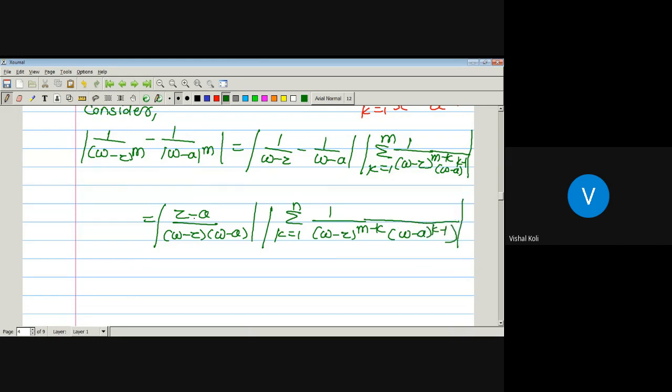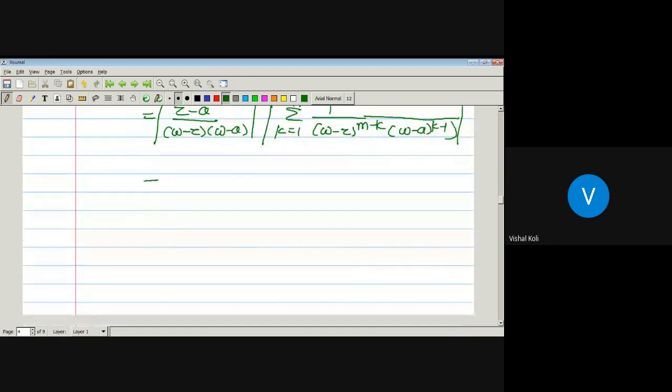Okay, now as it is a multiplication, take these two terms, that is w minus z and w minus a, inside our sum. Then we get modulus of z minus a into summation k running from 1 to m of 1 upon w minus z to the power m minus k into w minus z, which is nothing but w minus z to the power m minus k plus 1, into w minus a to the power k minus 1 plus 1; the plus 1 and minus 1 cancel, which is w minus a to the power k.